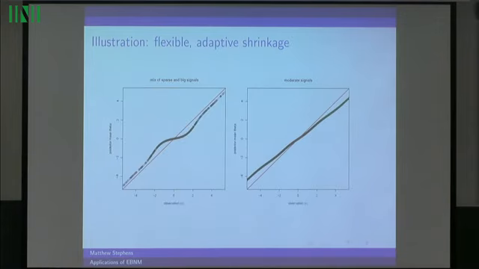And so the idea now is that by estimating G from the data, we can get different types of shrinkage depending on what the data tell us. So on the left-hand side, I've plotted the observations and their posterior means in a situation where there's a mixture of sparse signals and big signals. So when we estimate G, we have a G that has a strong mass near 0, but also appreciable mass away from 0.